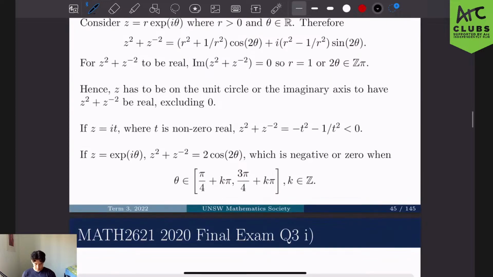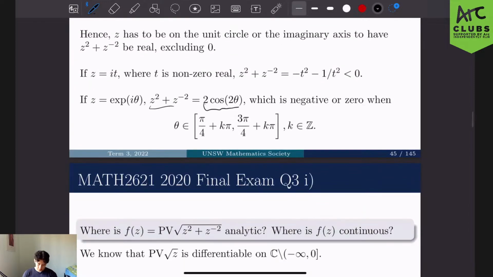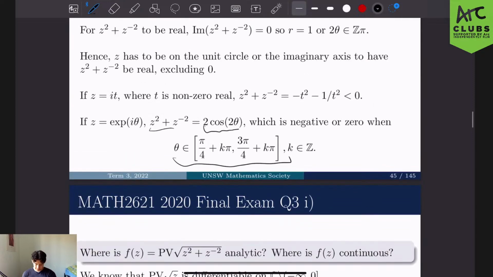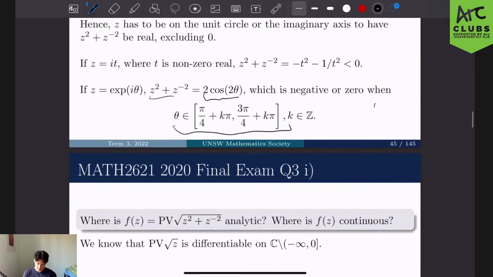And if we let z equal e to the i theta, then when we substitute it into here, this actually simplifies to 2 cosine 2 theta, which is negative or 0 when theta is in this range here, right? Which is like this.